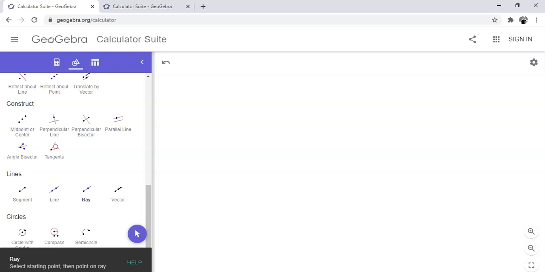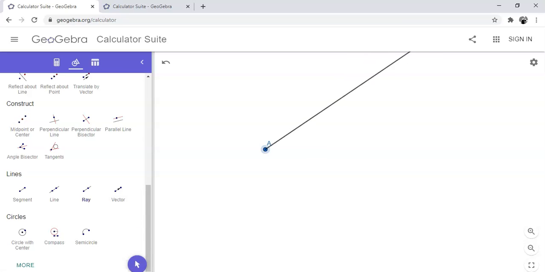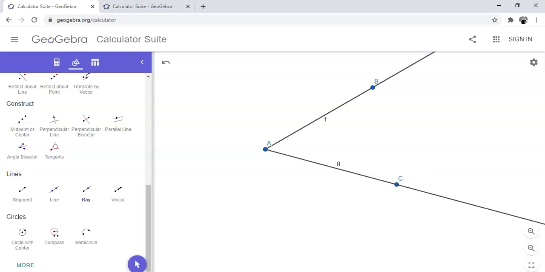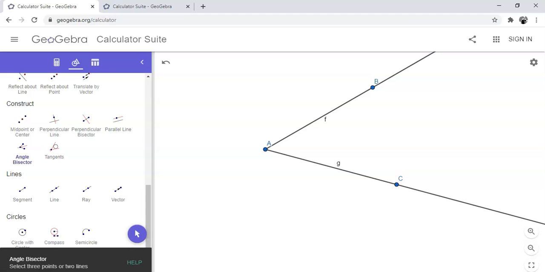So the first thing we're going to look at is the angle bisector. So I'm going to draw an angle here. This is angle BAC. And kind of like we did before, we have our construct tool, which allows us to bisect an angle, select 3 points or 2 lines.